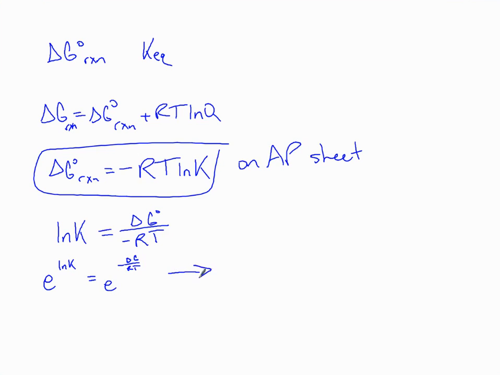And what that gives you is K equals E to the negative delta G over RT. Or the way that it's written on your paper, K equals E to the negative delta G divided by RT. Same thing. If the idea comes up, this is probably what AP wants you to do right here.